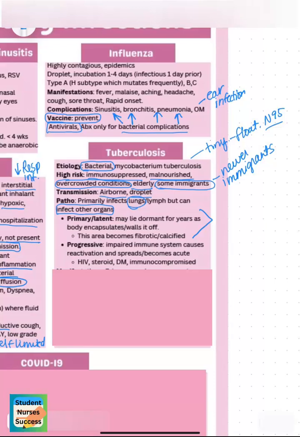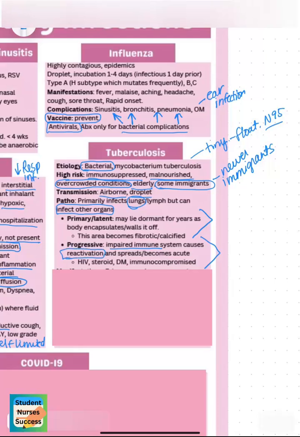But eventually, at some point in time, that walled off area is going to break loose. And it happens at a time where maybe your immune system becomes impaired. Maybe you develop cancer and have to undergo treatment. Maybe you are immunocompromised from taking steroids, or maybe you just get very, very ill and become immunocompromised. At that point, it can reactivate.